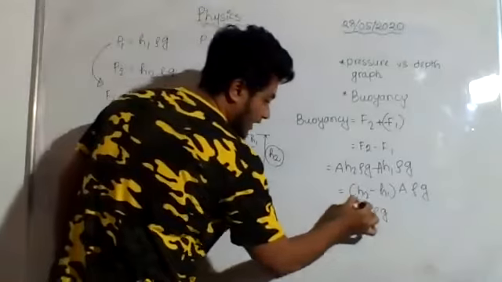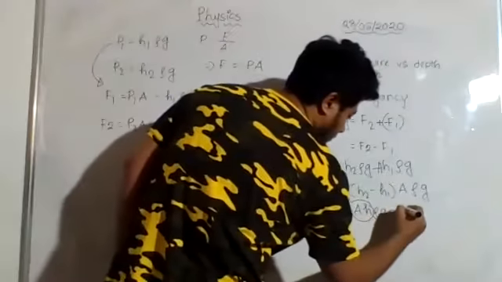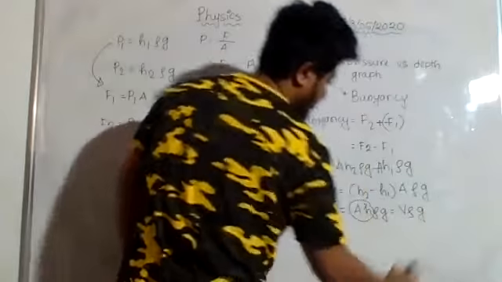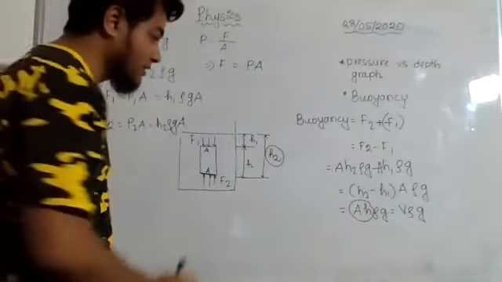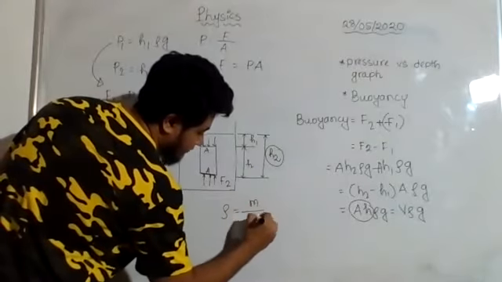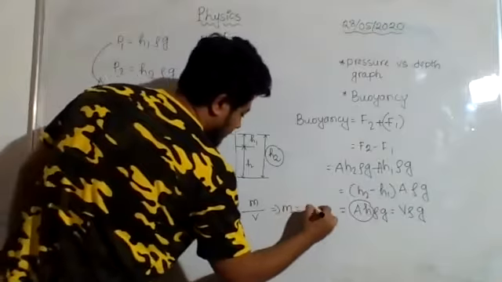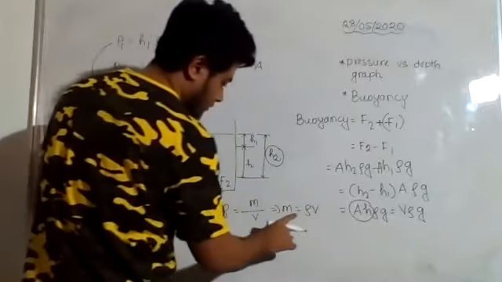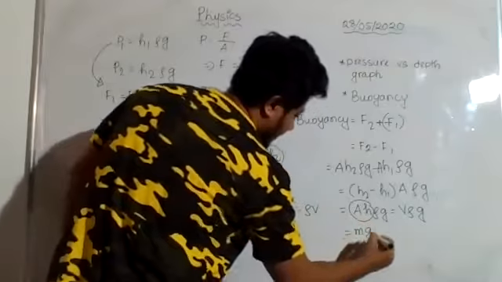So here, a into h, that is area into height, is equal to the volume. So volume into rho g, right? Now volume into rho can be replaced by m, mass. Why? Because density is equal to mass divided by volume. So from here I can write m is equal to rho into v. So rho v or v rho can be replaced by mass m, m into g.